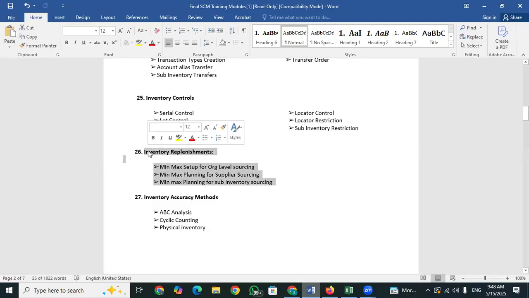That means we set up a minimum quantity and a maximum quantity and define the condition, and the system automatically gets ready to take the material from different sources. That is called planning. For example, in your home, let's take sugar. Sugar is a daily-use product, right? You purchase 5 kgs of sugar every month. Now the on-hand quantity of sugar is only half a kg.